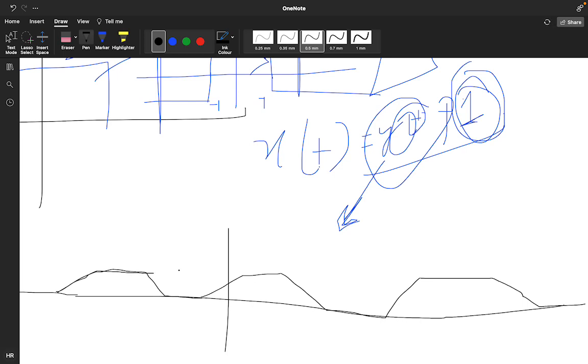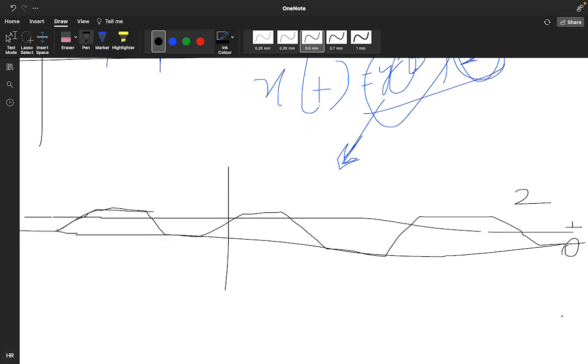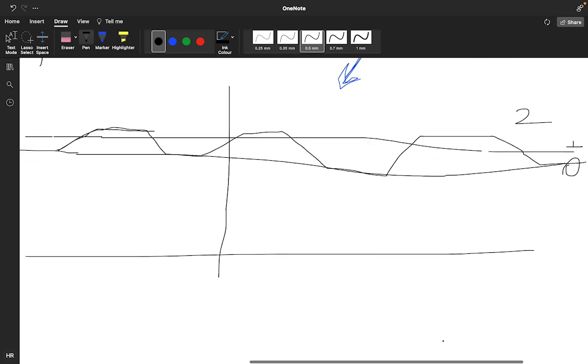So this particular value is 2, the mid value is minus 1, and this value is 0. If we subtract this signal by 1, we will get a perfect signal like this.